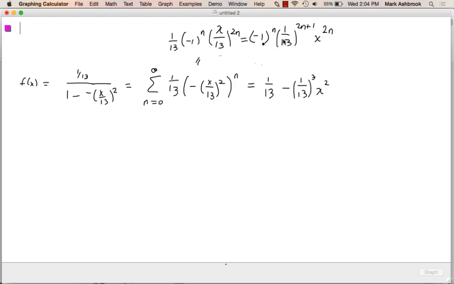And then when n is 2, I get plus 1/13 to the fifth, x to the fourth. Let's do one more term, 1/13 to the seventh, x to the sixth. Okay, questions on those terms?